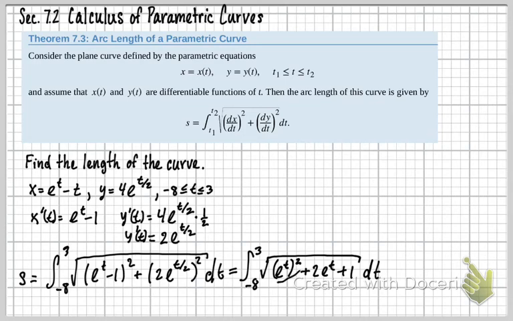And keep in mind here, this (e to the t over 2) squared is really e to the t, so I just put that in place of it. Now I'm just going to do this integral. In most cases, these integrals are going to be done by hand because for the most part, they really never work out well. This one actually does, but not very many will.